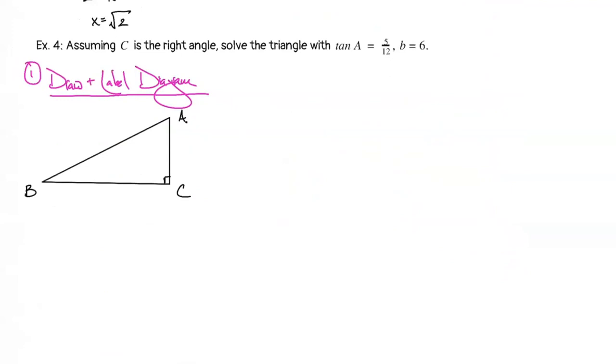All right, so we've got this here and we have little b is 6. So I'm going to go ahead and write that in here. I know this is little a and I know this is little c. And with the information given here, which one of the 3 sides should I label as the opposite side?